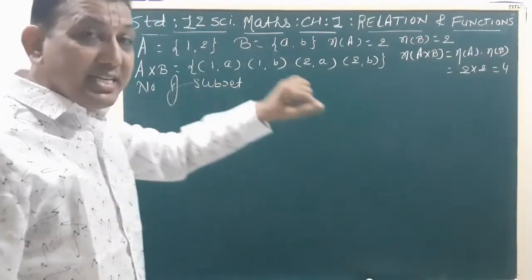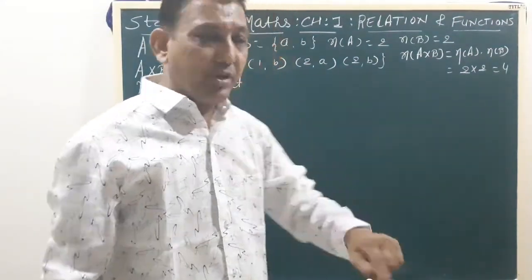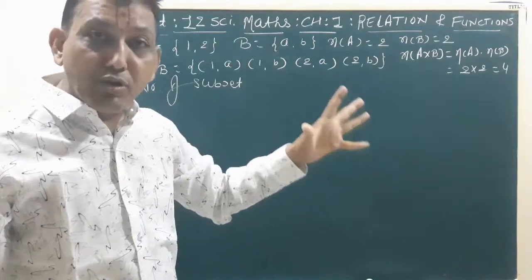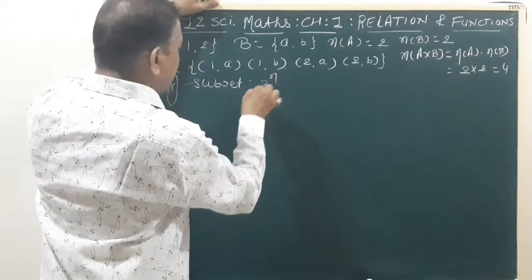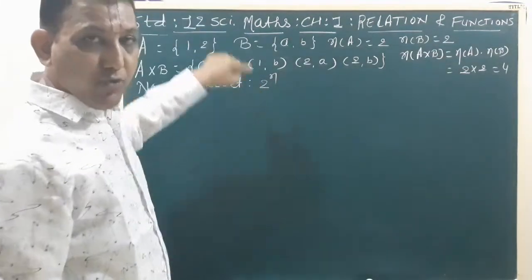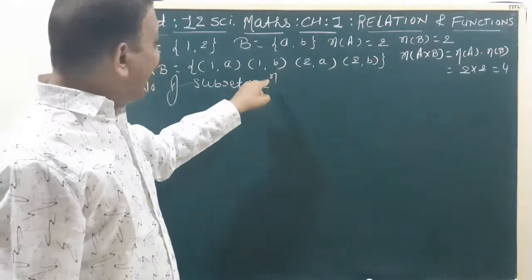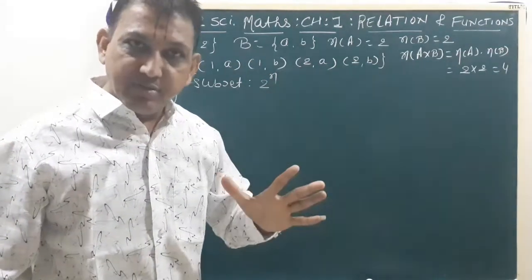Now the next step, number of subsets, from set theory, which we studied in 8th standard, 9th standard and also 11th standard. What is the formula for the number of subsets? 2 raised to n. This is our formula to find the number of subsets, 2 raised to n. Here n equals the number of elements in the set. Right?